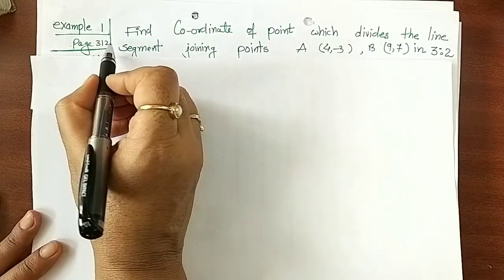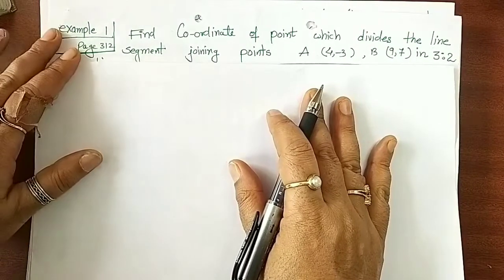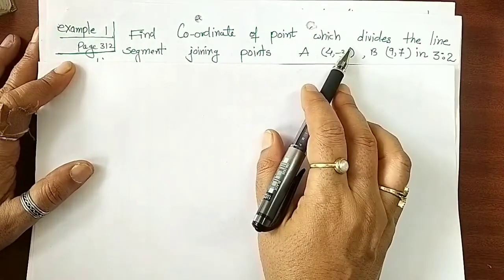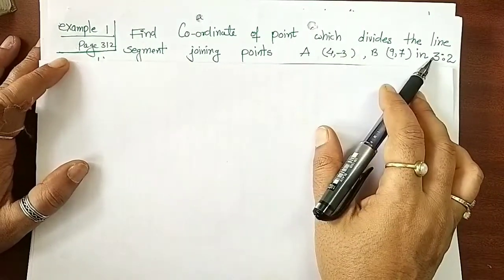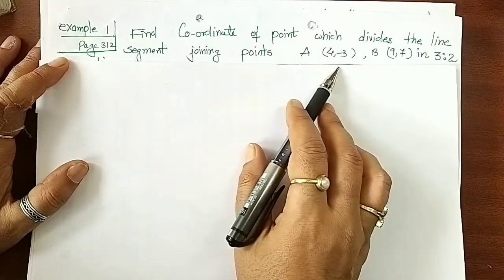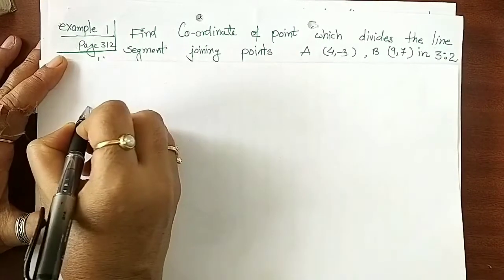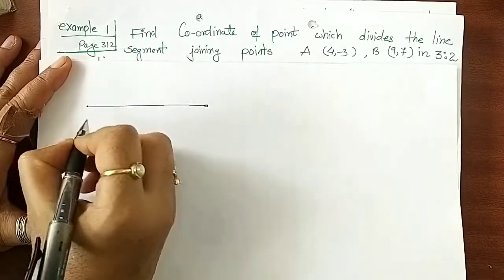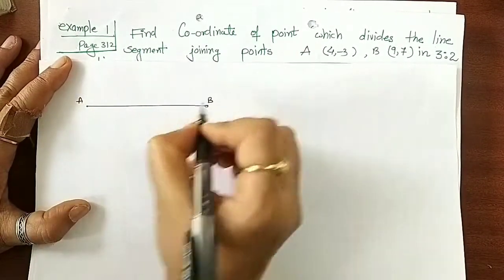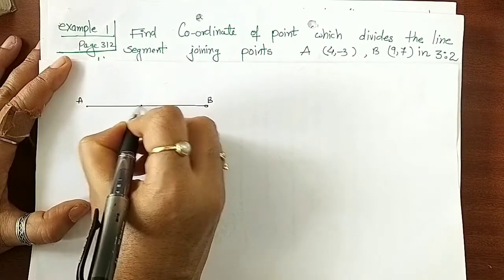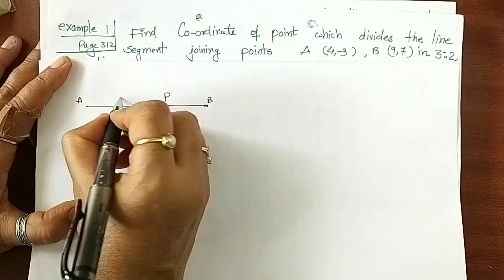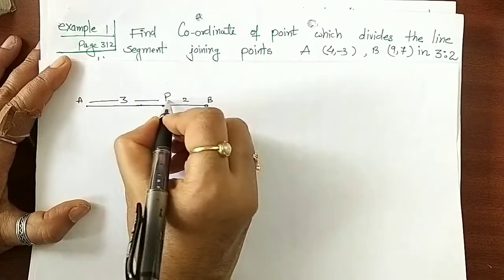We'll see one example based on the section formula. The question says: find the coordinates of a point which divides the line segment joining these points in the ratio 3:2. So the first step is to make a rough sketch. Suppose this is my line AB and it is divided by some point P in the ratio 3:2.